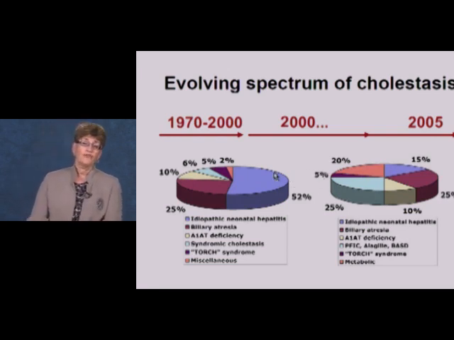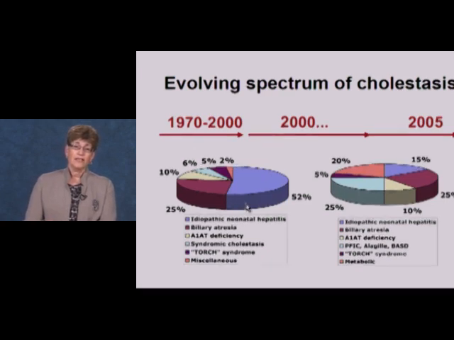Well, our view of that has changed from when I was a first-year fellow, not in 1970, after that. But it's changed from this big purple unknown, which we call idiopathic neonatal hepatitis, to a more spread out etiology where most of the causes now of idiopathic neonatal hepatitis have been identified.